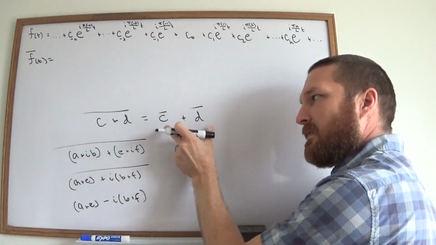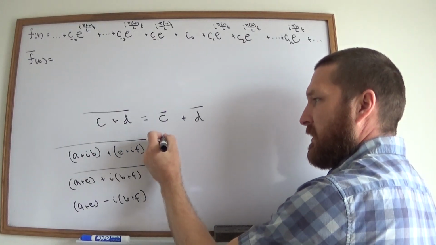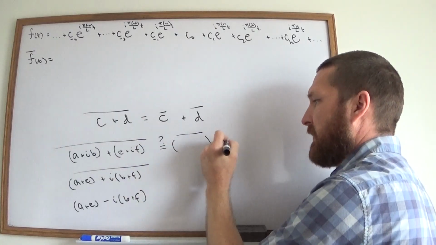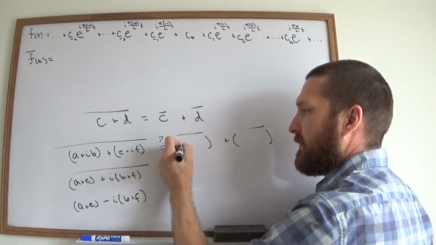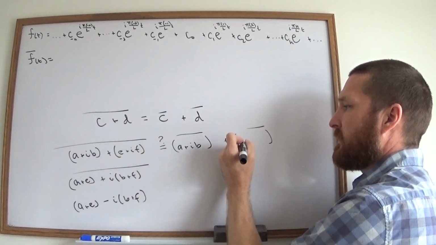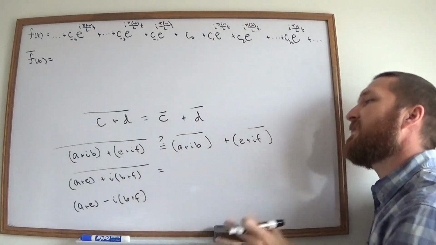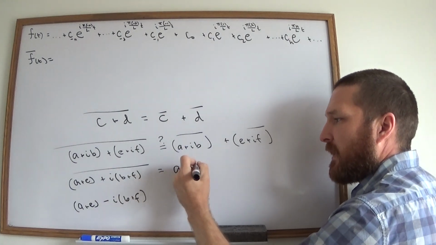Now, is that the same thing as if I had done it the other way around? So let's see, is that equal to taking C and its conjugate, and adding it to D and its conjugate? Here we have that C was A plus IB, D was E plus IF. We're going to do the conjugates first, then add them together. So take the conjugate first, A minus IB.